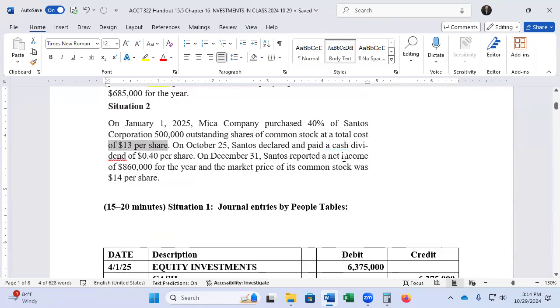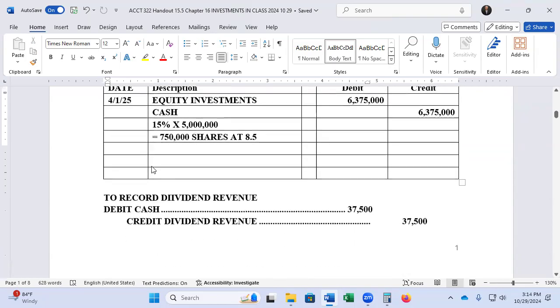On December 31st, Sanders reported net income of $860,000 for the year, and the market price of its common stock was $14 per share. So now we're going to be accounting for it using the equity method. The market price isn't important to us, but we do care about the net income. We also want to record the purchase properly, and we want to record the dividend.